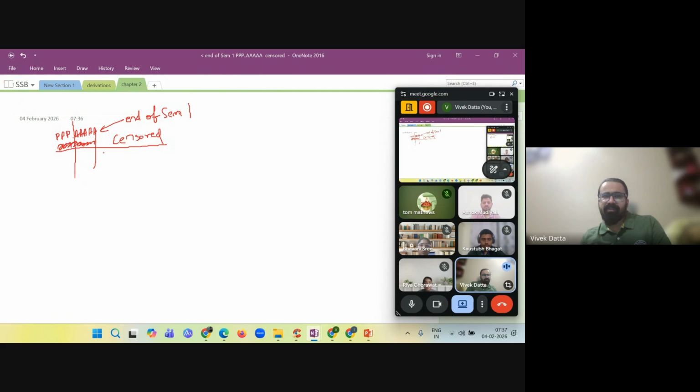Clear to everyone? Secondly, the second example is just an extension of this. Yes, Kaustuv, 1 minute, I'll explain and then I will take your question. This is the end of Sem 1, Sem 2, Sem 3, Sem 4. Now in this, he's got censored, he's left here, and then he's saying, I'll come back here.